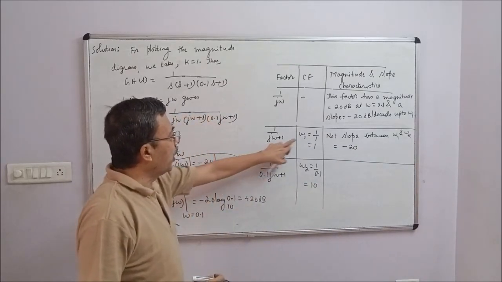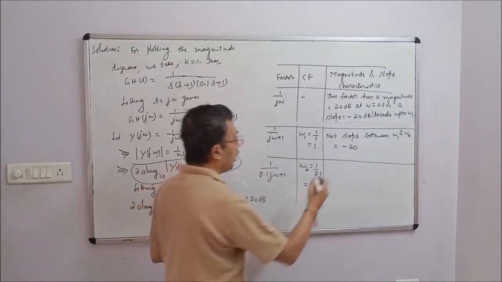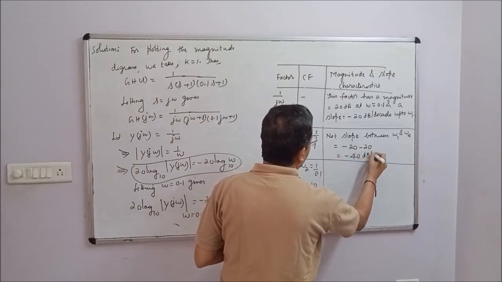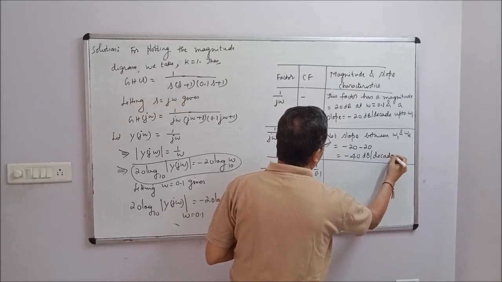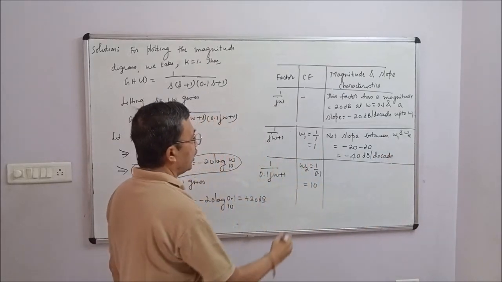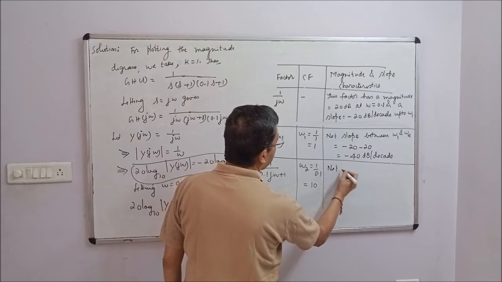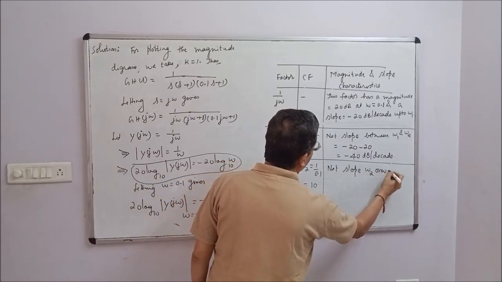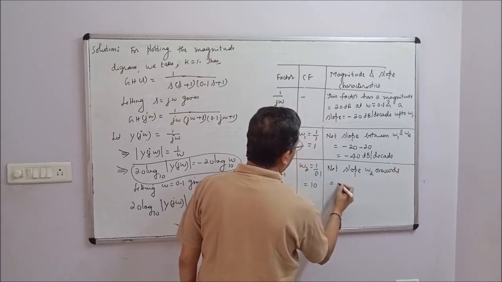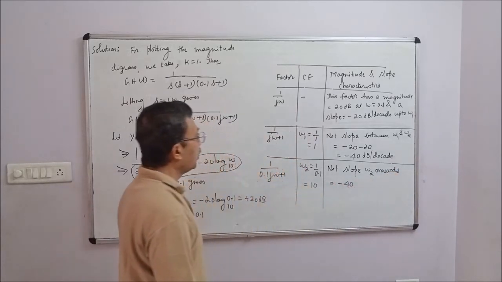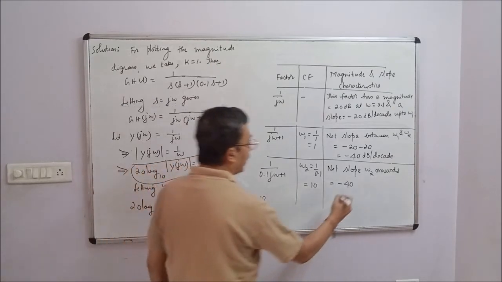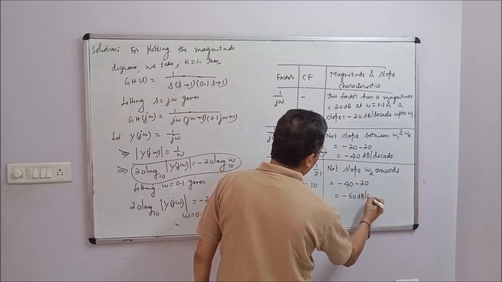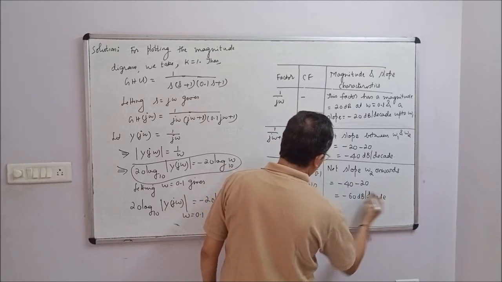This pole at omega 1 will add a slope of minus 20. Minus 20 minus 20 is minus 40 decibels per decade. Next, net slope from omega 2 onwards. Previous slope is minus 40. This pole will add a slope of minus 20. Minus 40 minus 20 is equal to minus 60 decibels per decade.